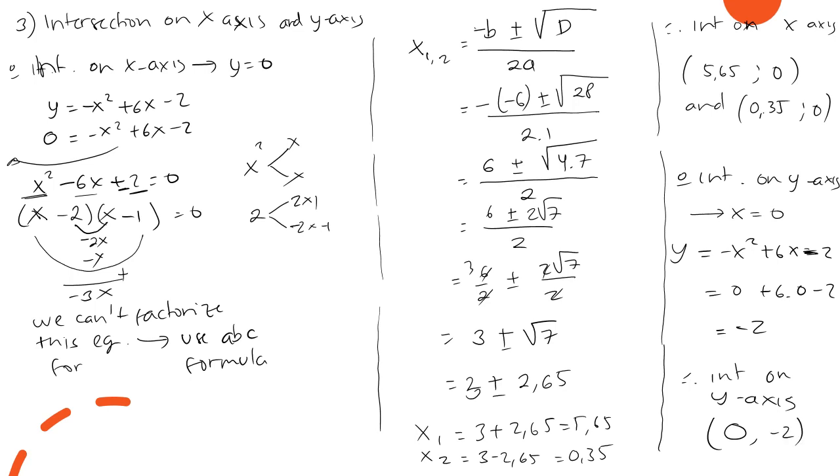Okay, now let's draw it. Again, I will conclude the results that we got so far from y equals minus x squared plus 6x minus 2.